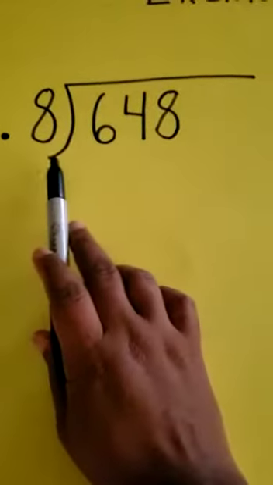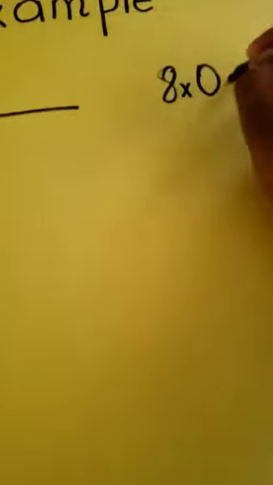I'm going to write my 8 times table. 8 times 0 is 0.